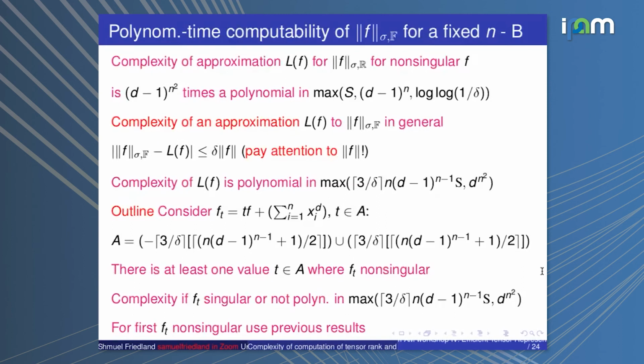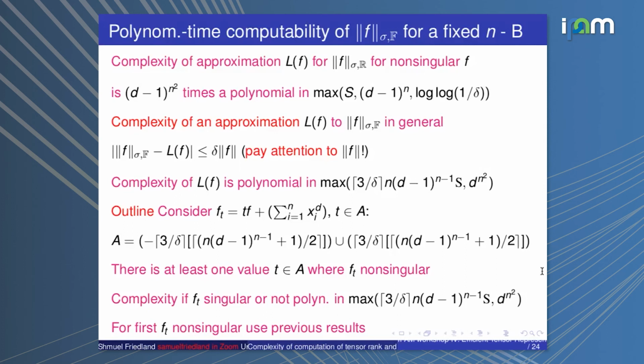So now, how do I know if it's non-singular? Well, what I'm going to do is perturb my f, it's f of t, and take t in some mesh, and because I know the degree of the hyperdeterminant variety, I can do that too. And so again, what I'm getting is the complexity.